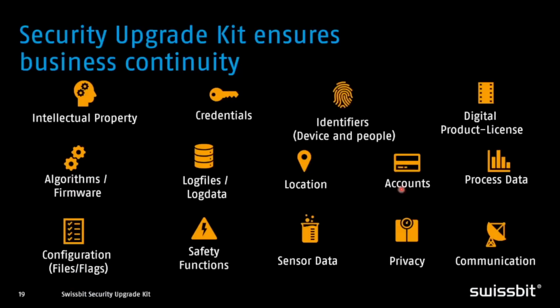Let's have a more generic look. We've seen two or three examples, but there might be many more things. If you consider industrial projects, you might have credentials in all kinds of forms, API tokens, whatever, or even private keys that are normally also stored or can be stored in file systems, that give you access to some server or identify your product, or give you the right to use a certain software like a license.